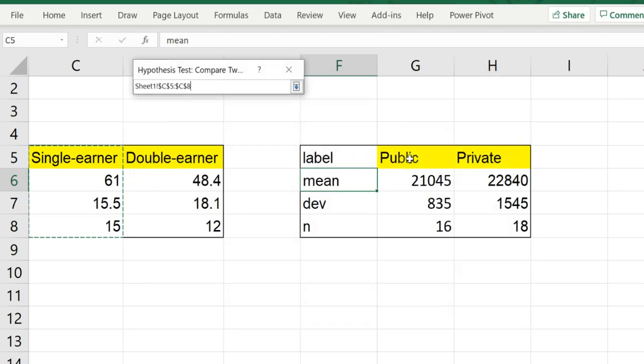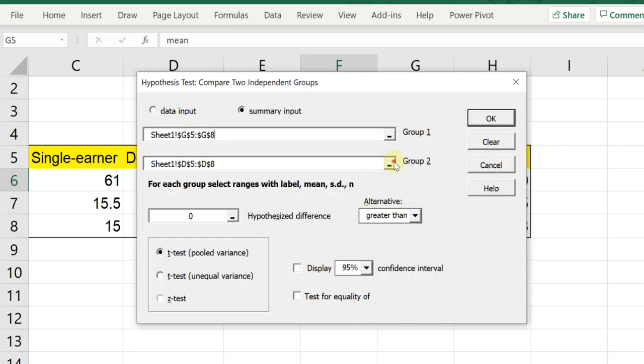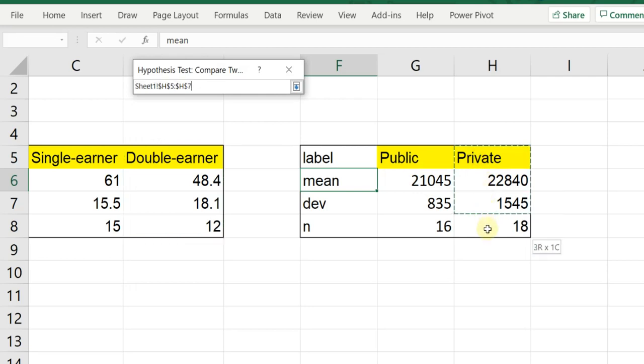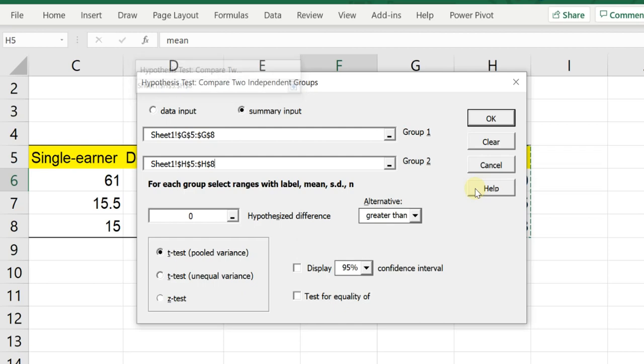Group 1, actually now this is a different exercise, so highlight and choose them. Group 2, let's select these. Remember, left click, hold and drag. The hypothesized difference, keep it at 0. And this time we just want to know if there is a difference, so I'm going to change the alternative to not equal to.